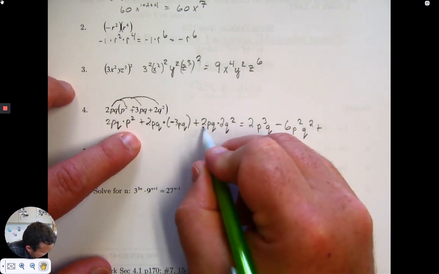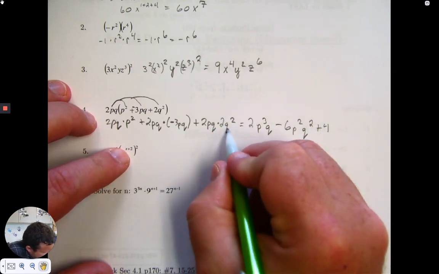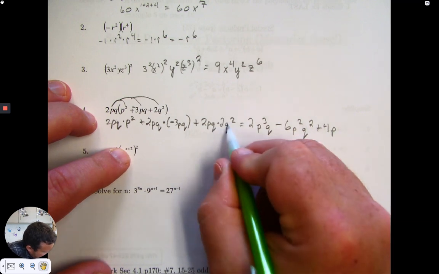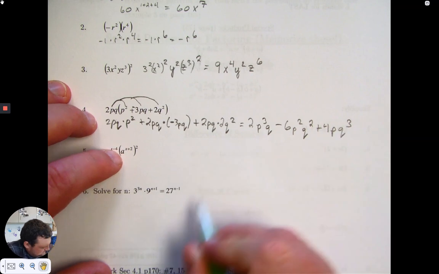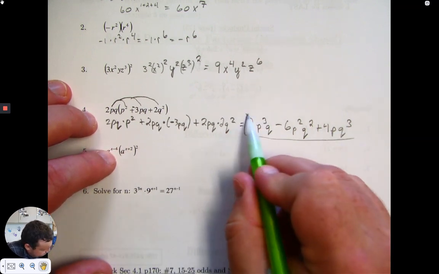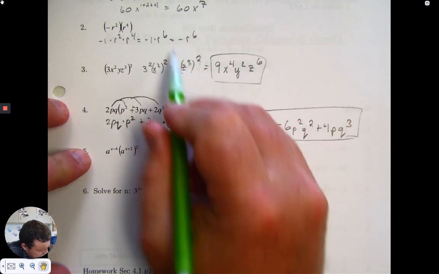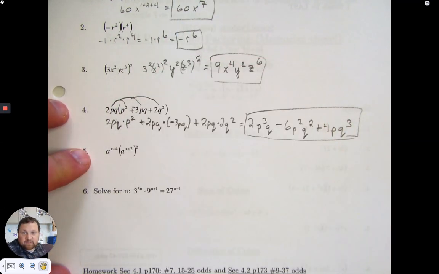And then the next and final one, 2 times 2 is 4, p, there is no q here, so this is just p, and then q to the first times q to the second, 1 plus 2 is 3, so it's q to the third. Guess I didn't box any of my answers on this one, huh?